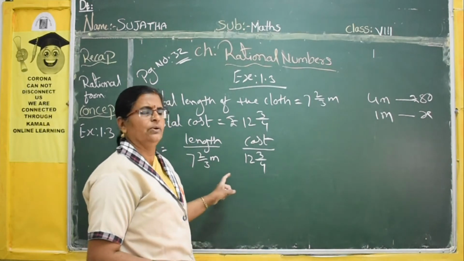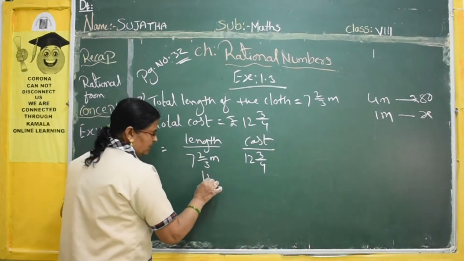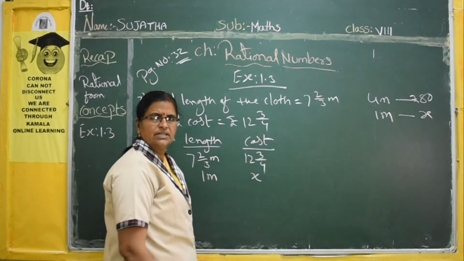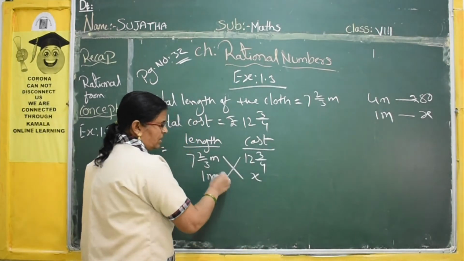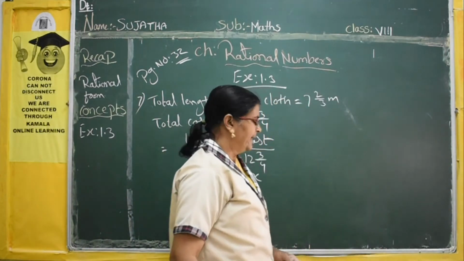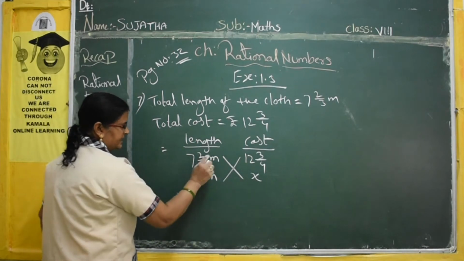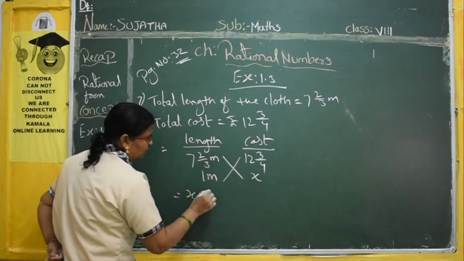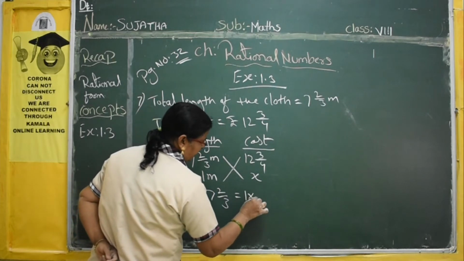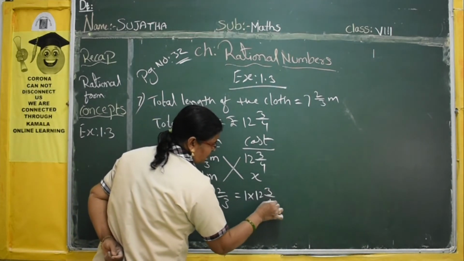Now I want 1 meter of cloth. The cost I don't know, so I am taking x. Now do cross multiplication. Then what will you get? X into 7 2 by 3 is equal to 1 into 12 3 by 4.